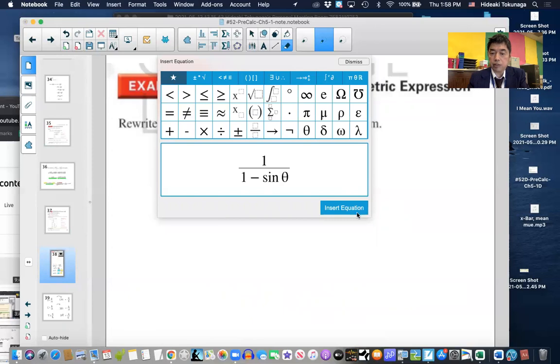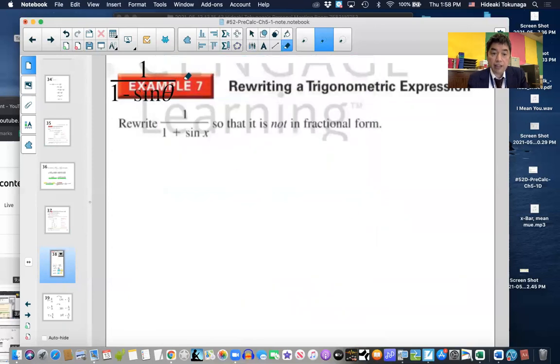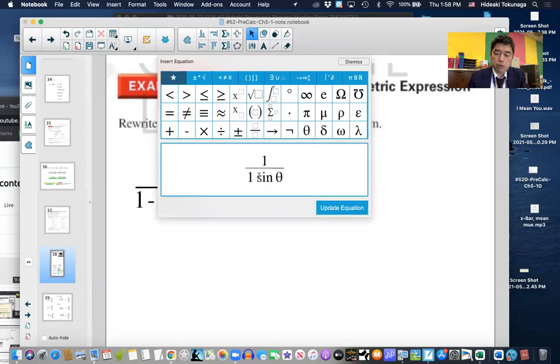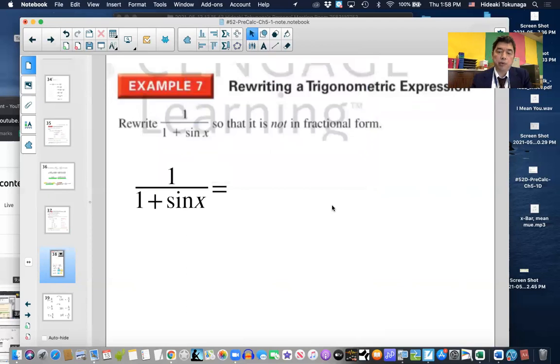Sorry, this is sine x, 1 plus sine x. 1 over 1 plus sine x. Okay, so now you have this. Let's see what we can do.